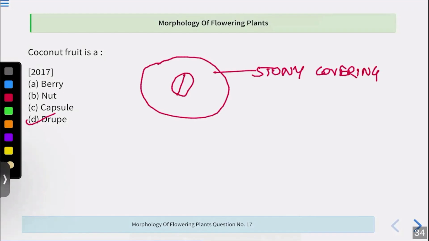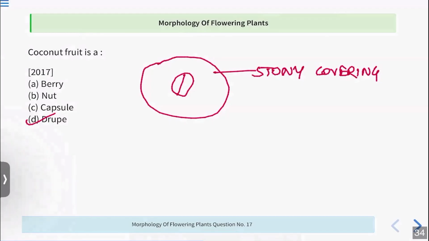You know that in coconut, that stony covering is really evident. Very hard. In mango, the pip, the big seed which you call it, is actually the hard stony covering enclosing the seed inside. Similarly, you'll find the same kind of fruit in peach and olive.